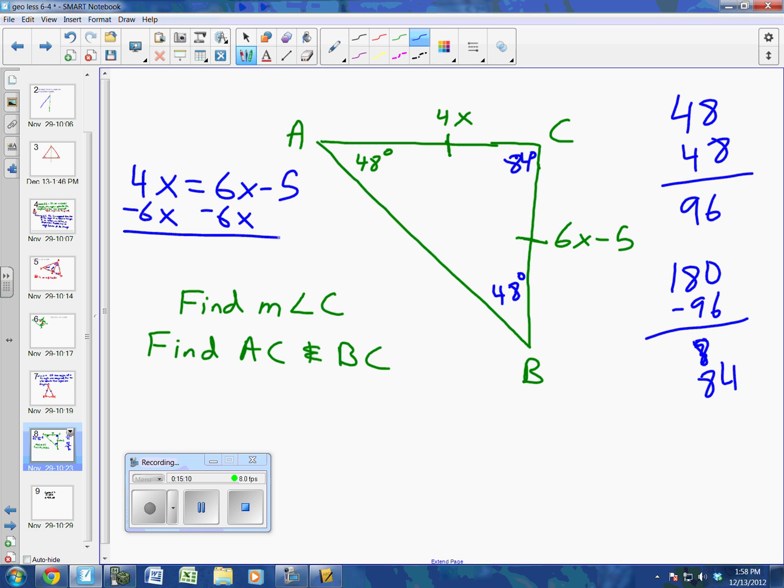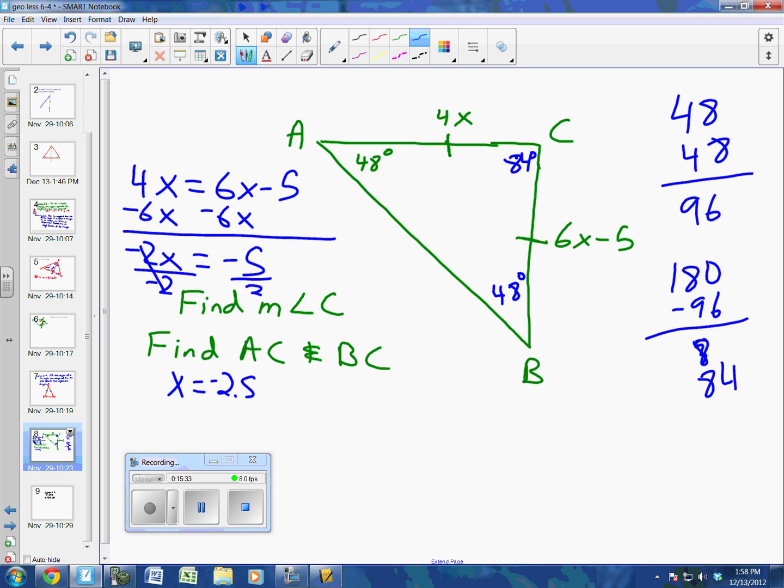What do we get? Negative 2x equals negative 5. Then do what? Divide by negative 2. What do we get? X equals? Okay, we get negative 5 halves, which is negative 2.5, right?